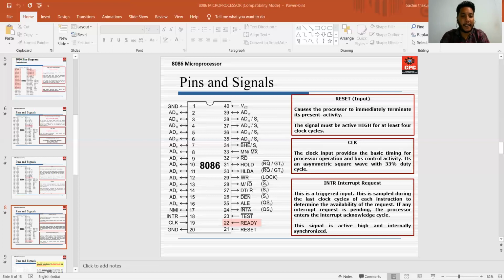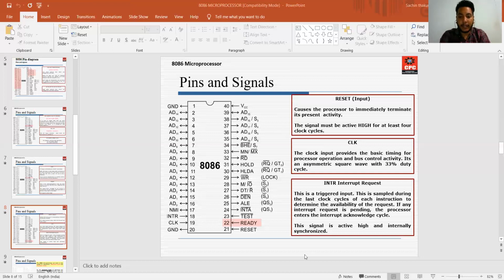The 8086 enters an interrupt acknowledgement cycle after the current instruction has completed its execution.